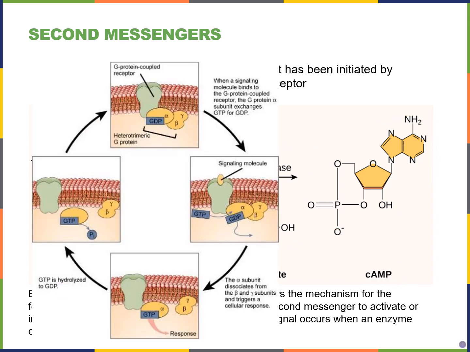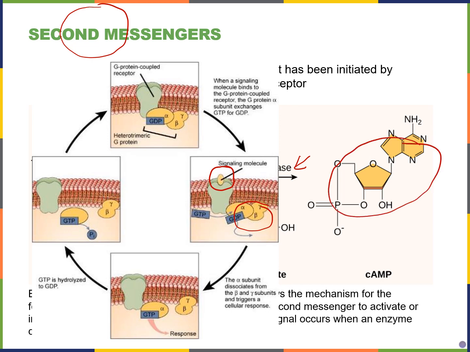So again, cyclic AMP is called a second messenger because the original or primary or first messenger was that signaling molecule that could not cross into the cell. So it binds to the receptor. Here's the G protein example. A G protein is activated, and a really common pathway is the G protein will next activate adenylyl cyclase to produce cyclic AMP, and then the cyclic AMP will cause activation of a kinase that causes phosphorylation and activation of downstream proteins.